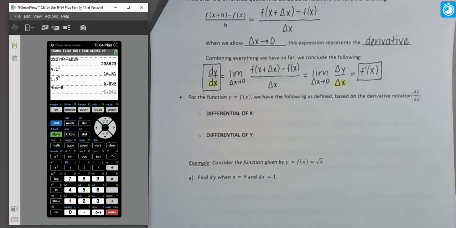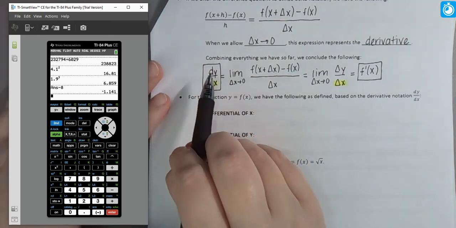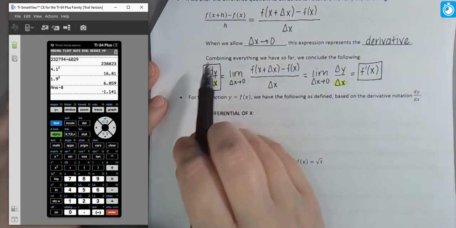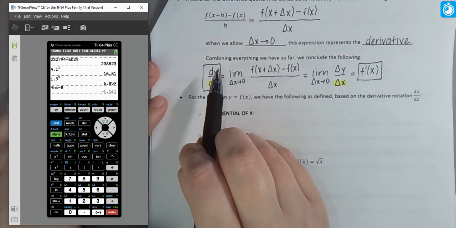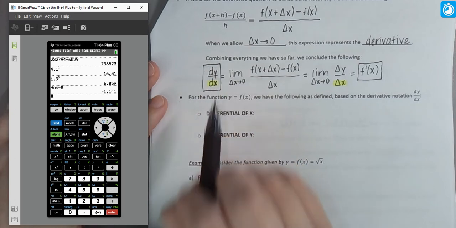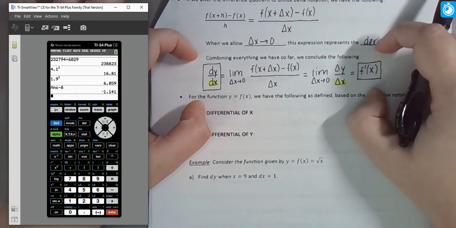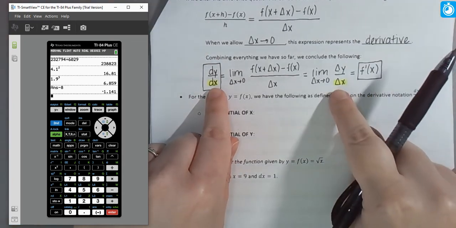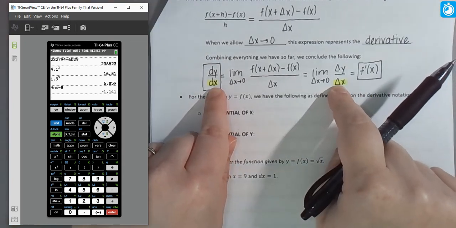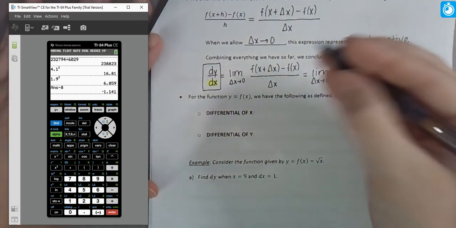Again, think of the differential as breaking apart our derivative into just dy, just dx, just small change in y, small change in x. So based on all of this that's all related to one another, dx and delta x are the same thing. They essentially mean the same thing.